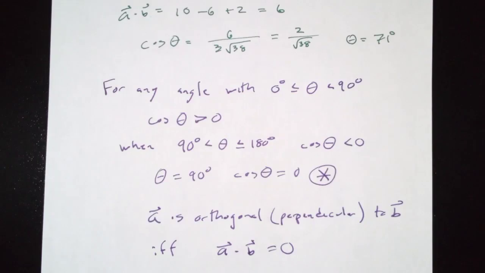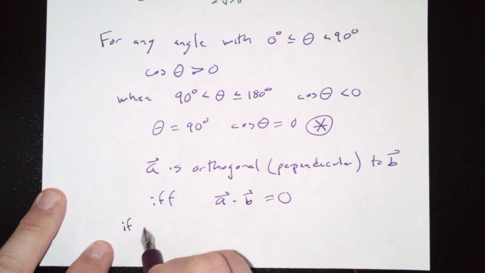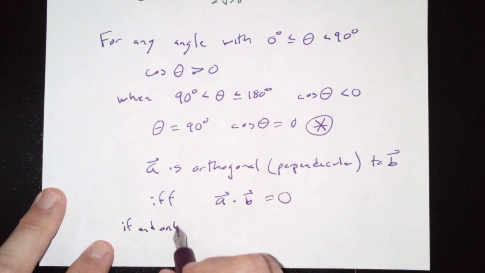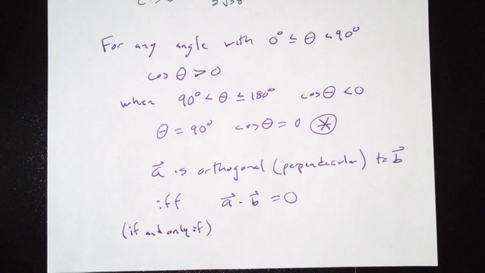That IFF is short for if and only if. Logically, that means that that's like an arrow going both directions. If the vectors are perpendicular, then the dot product is 0. If the dot product is 0, then the vectors are perpendicular.